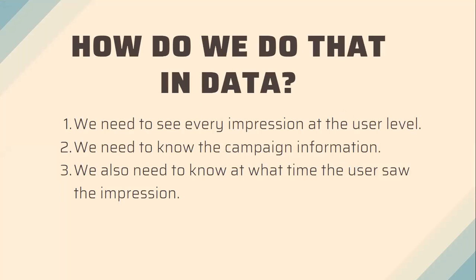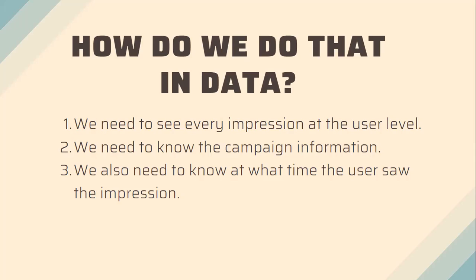First, we need to see every impression. We want the data at user level so that we can say which user saw the impression, like users 1, 2, 3, 4 saw the impression. The next thing that we want is the campaign information. We need campaign information to understand which campaign was viewed by the user.